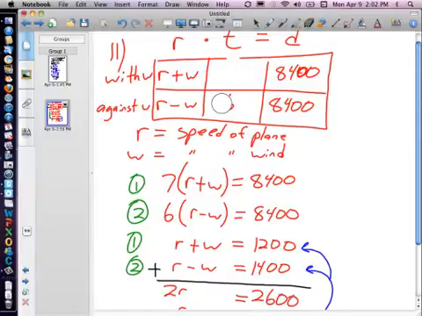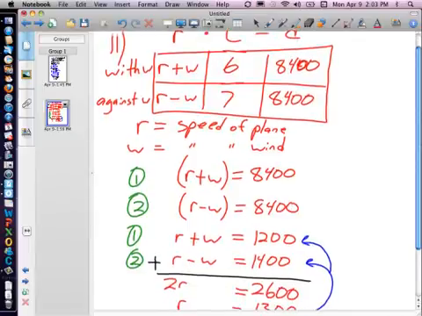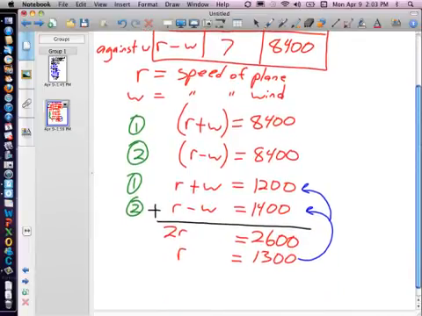So, against the wind was 7, and with the wind was 6, which makes a lot more sense. So maybe if you were following along, you realized my mistake right away. So that would only change a couple things down here. So let's fix that up. Notice I'm not erasing everything.